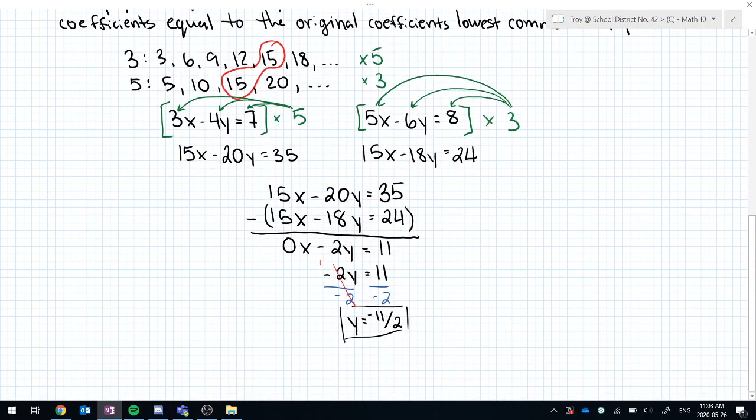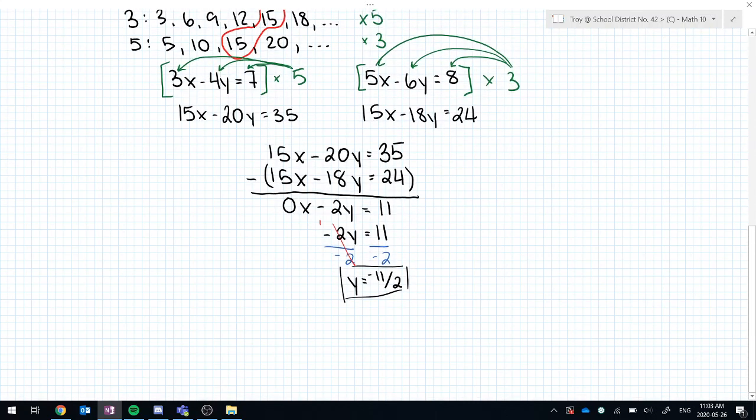So we can go back and grab one of the original equations. So we can just take 3x minus 4y equals 7. And we can drop that y right into that y right there. So we'll make that substitution like that.